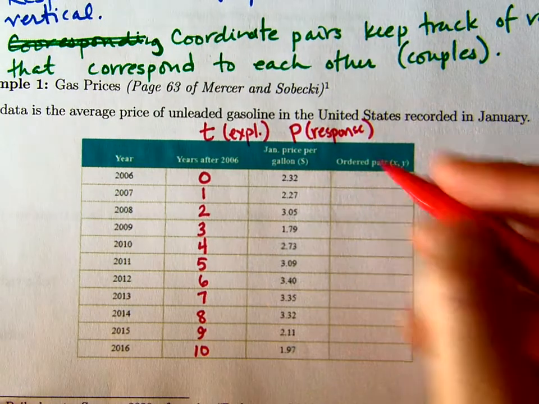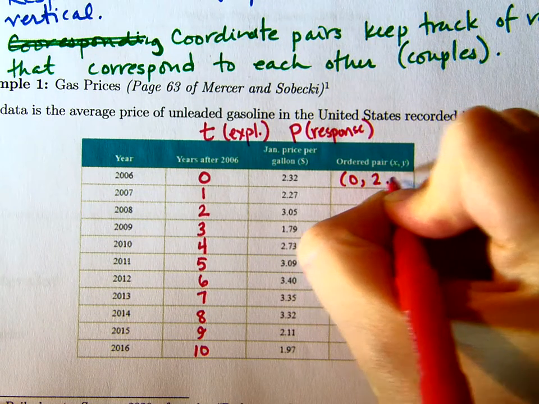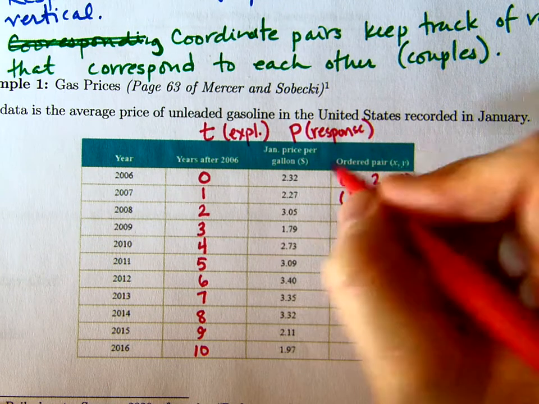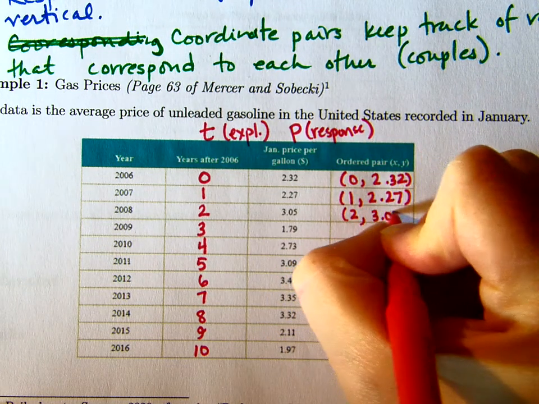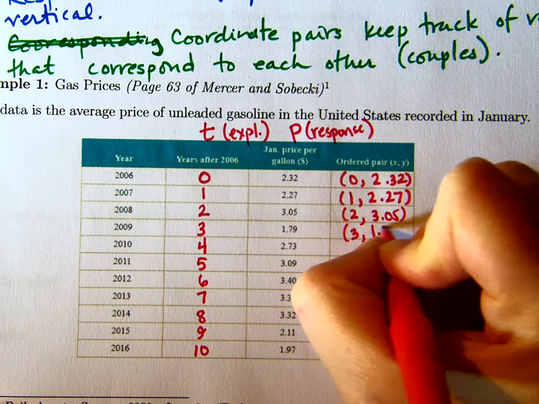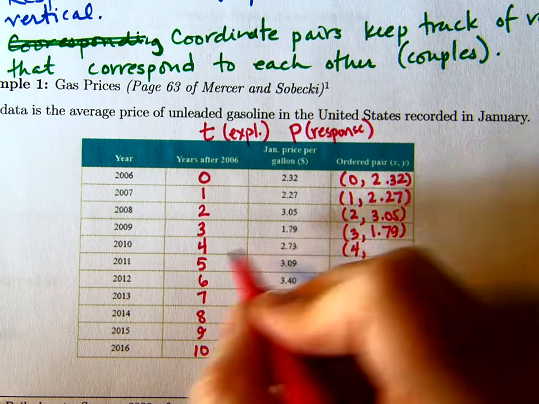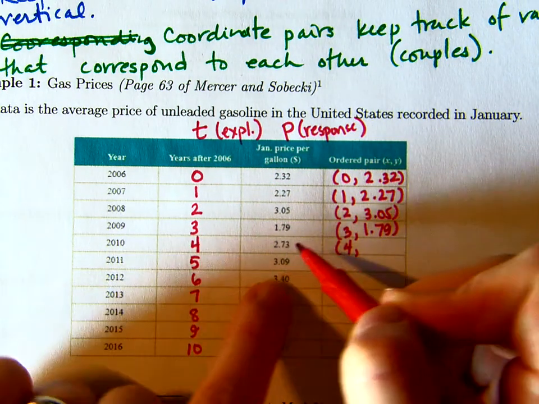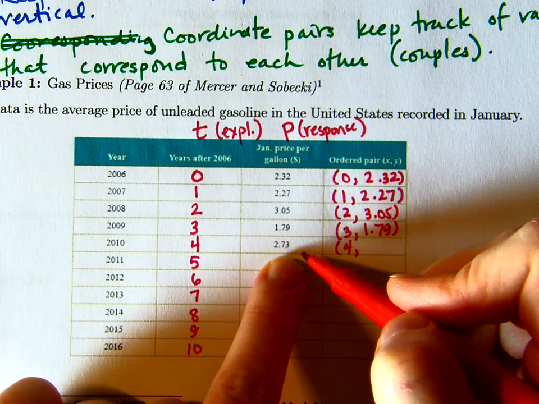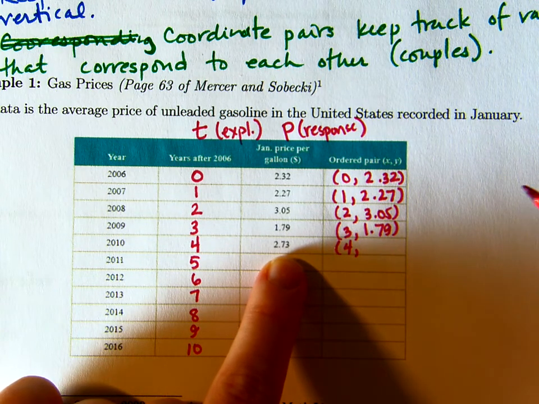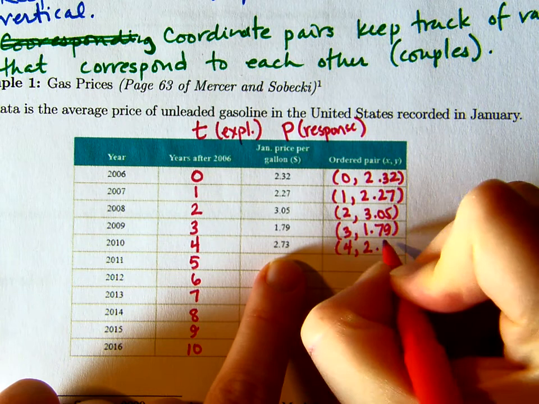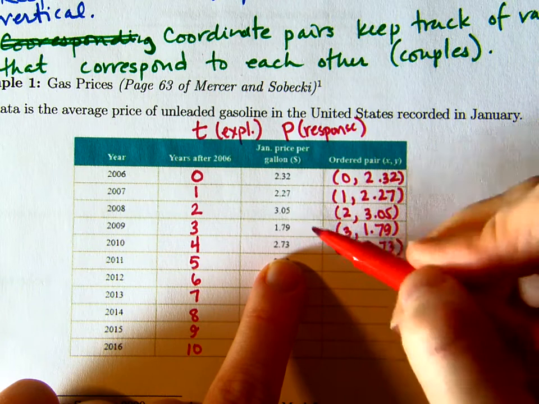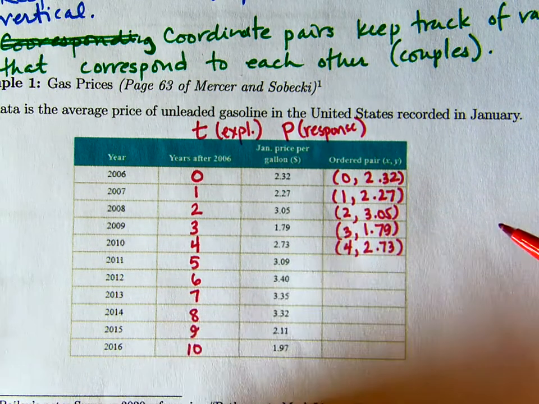So here, ordered pair, 0 and 2.32. 1, 2.27. Got it. 2, 3.05. 3, 1.79. 4, so 4 years after 2006, which is 2010, corresponds to the price per gallon of $2.73. So it went up quite a bit from there to there, and it actually went down quite a bit right there.